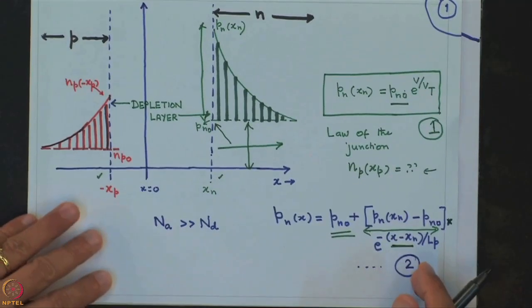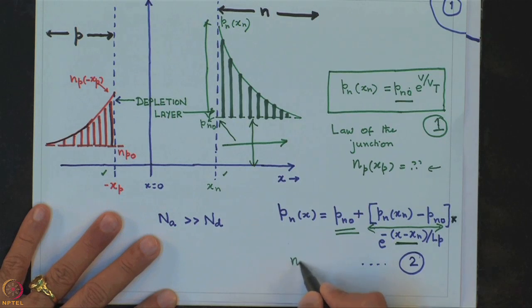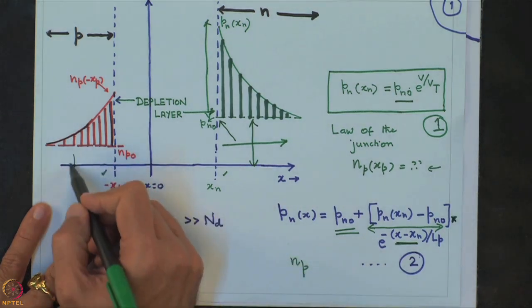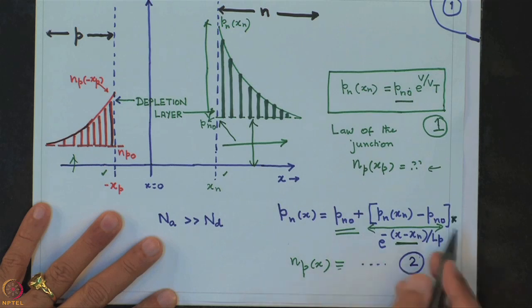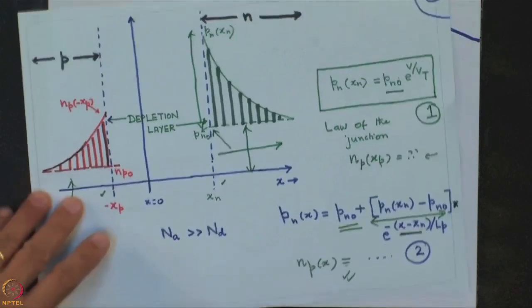So we have called it expression 2, and it is not difficult to see that a similar expression can be found for the minority carrier n in the p type, as we can see on the left side. With proper substitution of the variables we will get the corresponding expression for Np. Now, in expression 2, Lp is the diffusion length of holes.